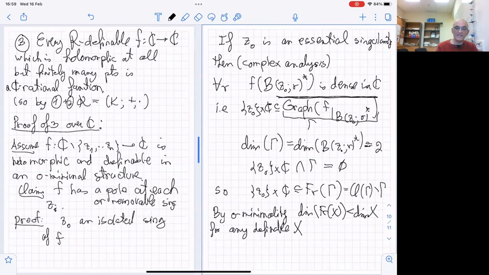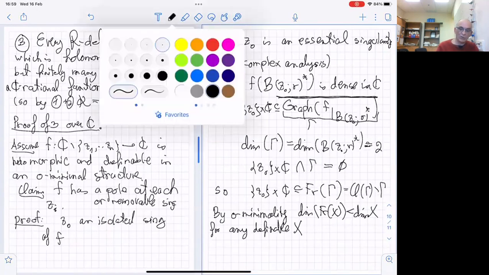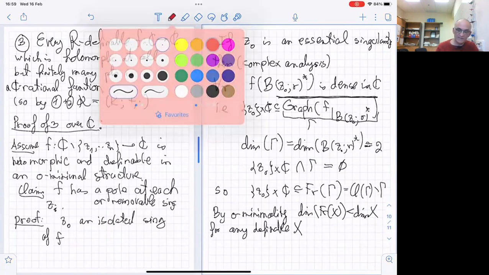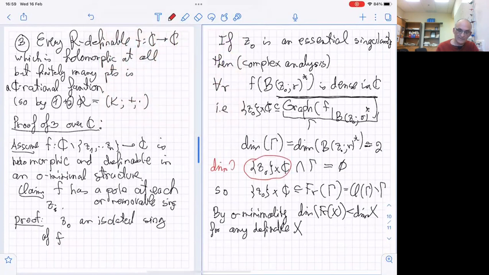But this dimension, because you have the whole of C, is clearly dimension 2. And the set gamma has dimension 2. So we get a contradiction. Right?